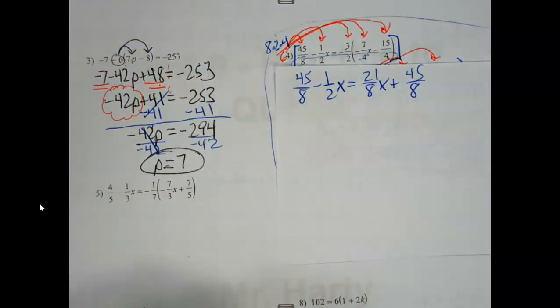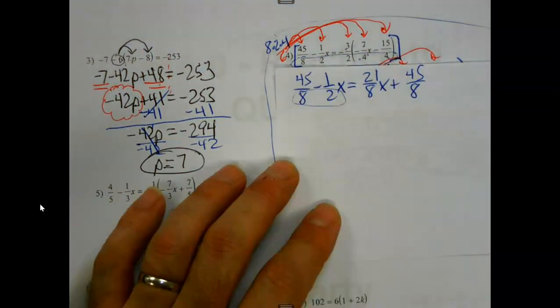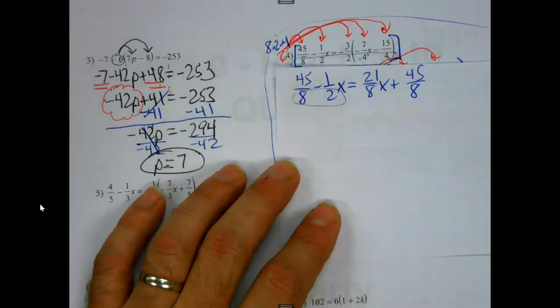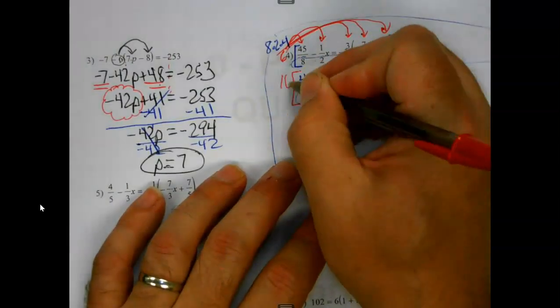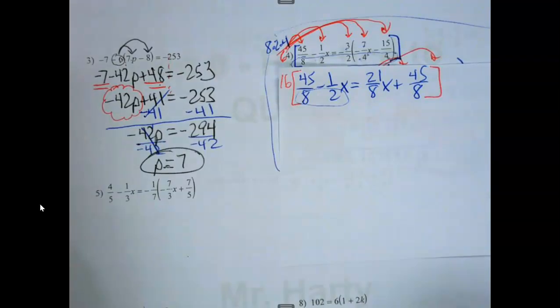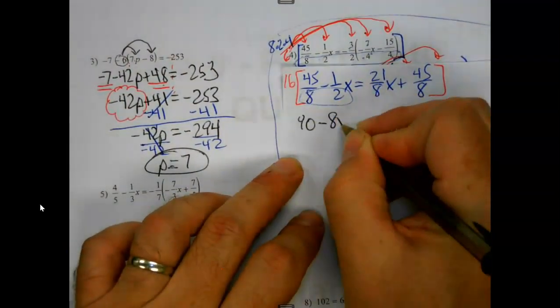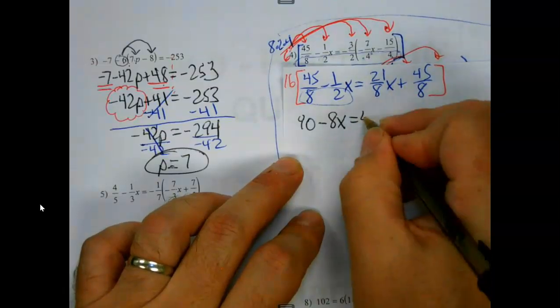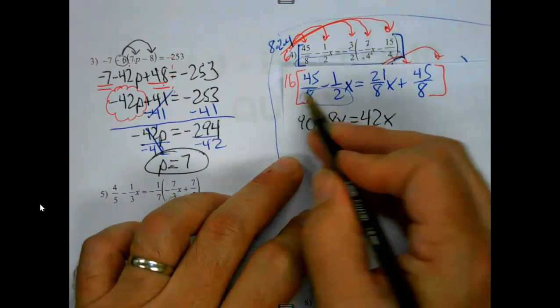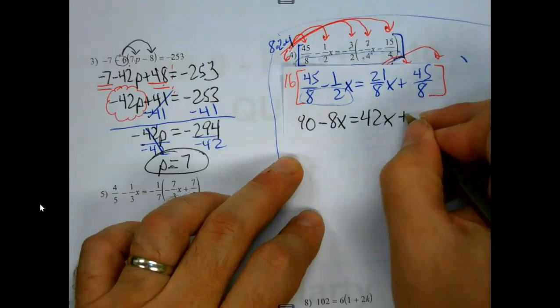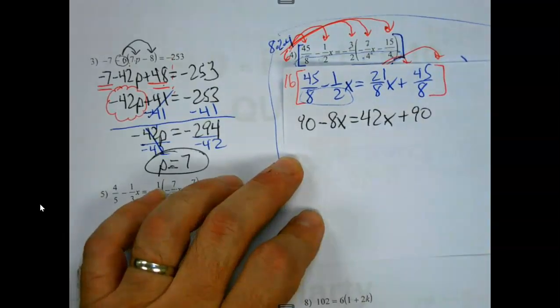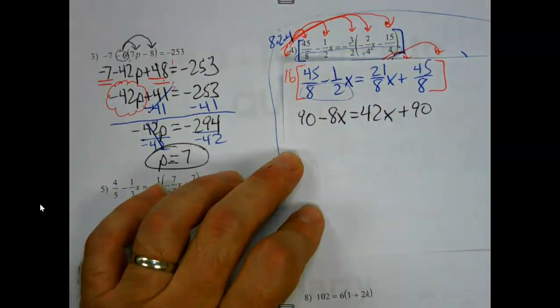Because now I can just multiply by these two numbers. And I have a feeling that when I do it that way, oh, I'm feeling a lot better about this already. Yep, that's going to get me the right answer.